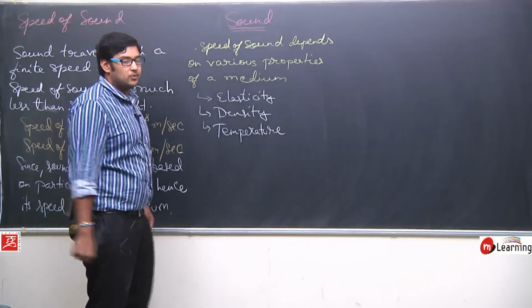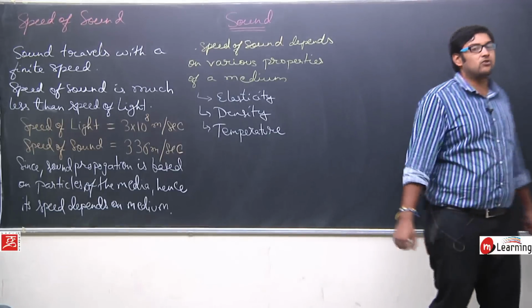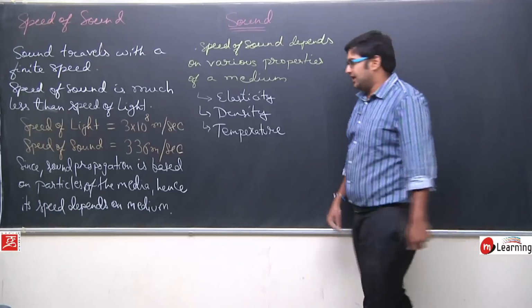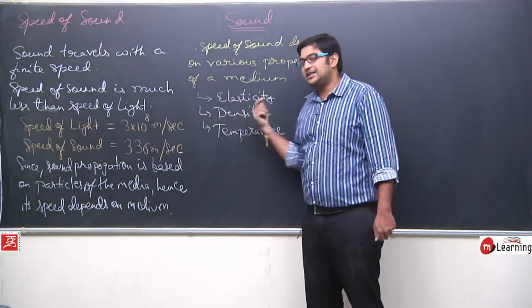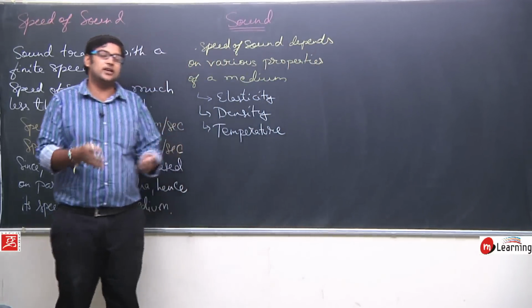So these are some properties based on which the speed of sound can be determined. Elasticity, density and temperature are some of the factors which affect the speed of sound in different media.